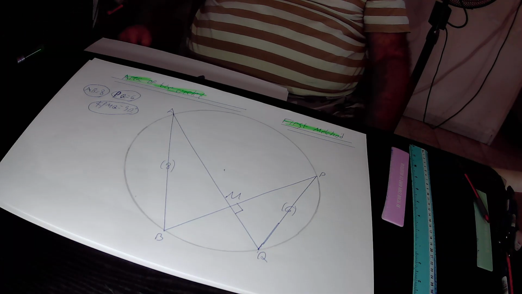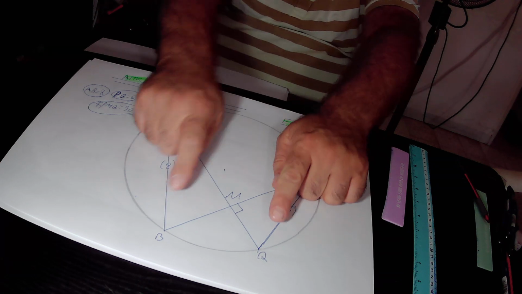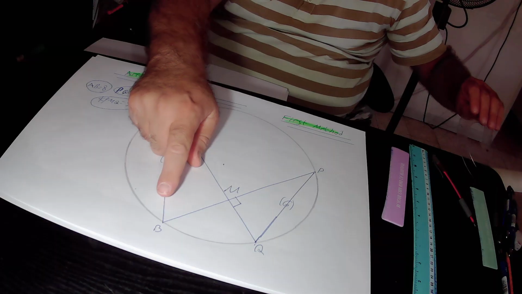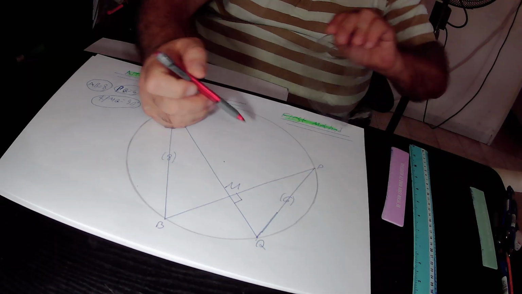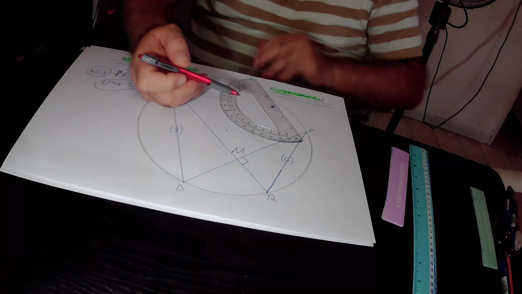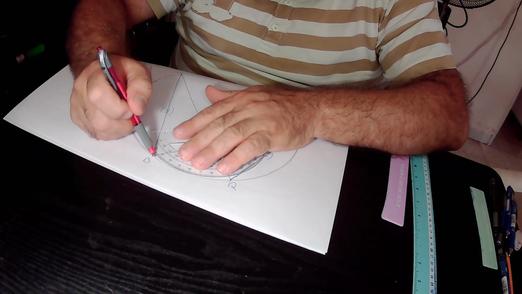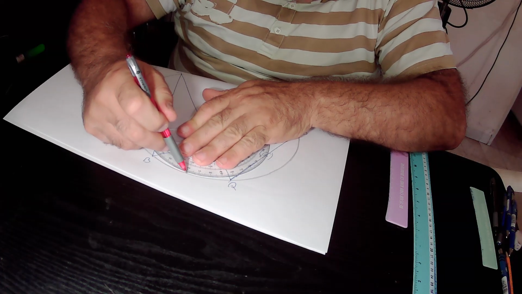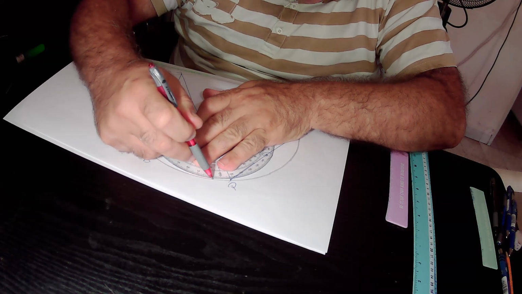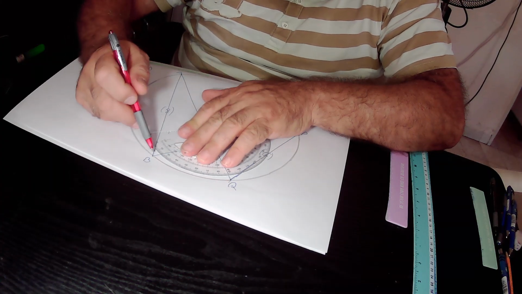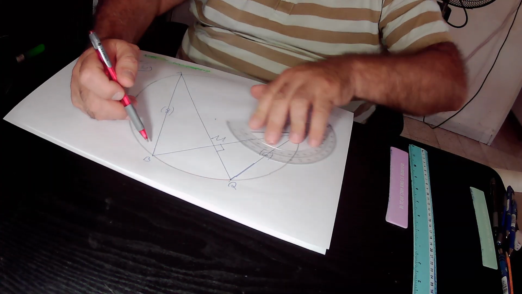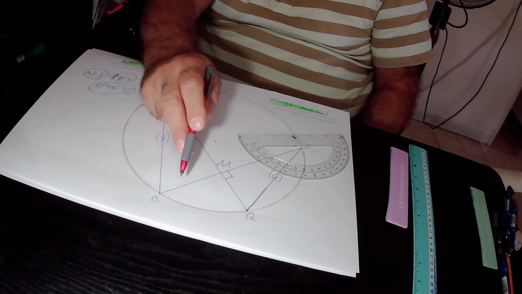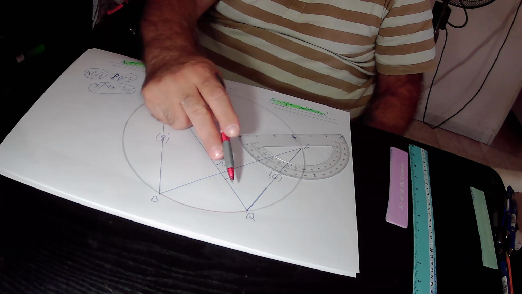Why? Because in our drawing, if we focus on this arc BQ, the red curve BQ is arc BQ.